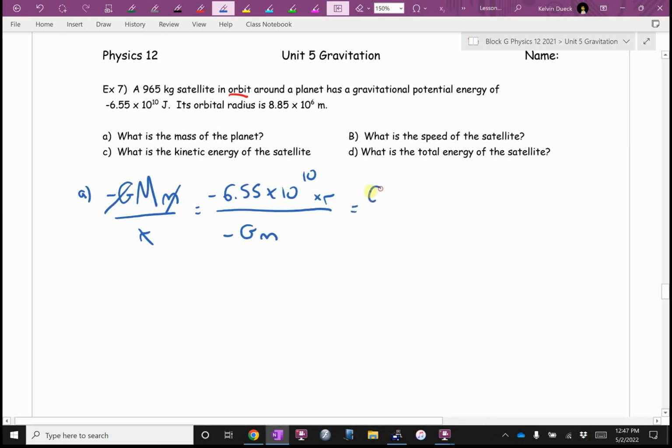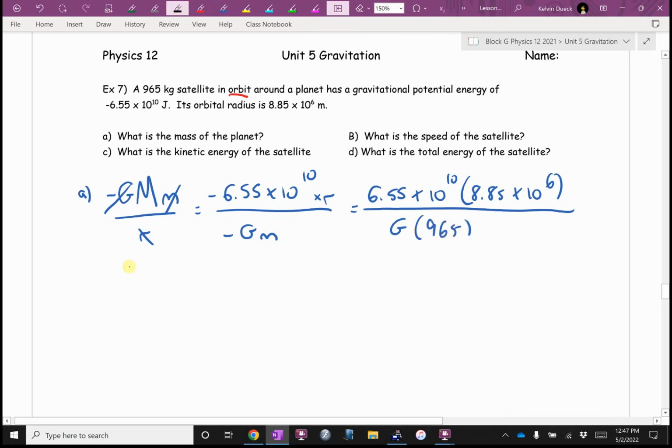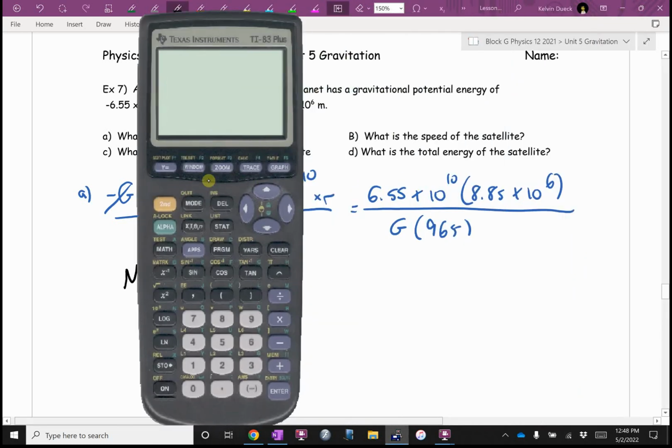So it's going to be 6.55 times 10 to the 10th times 8.85 times 10 to the 6th divided by big G and little m. I know Earth is 5.98 times 10 to the 24th. I'm expecting probably something in the 10 to the 20s range because it's a planet. If I don't get that, I've made a typo. What do you get? This is worth practicing typing into your calculator.